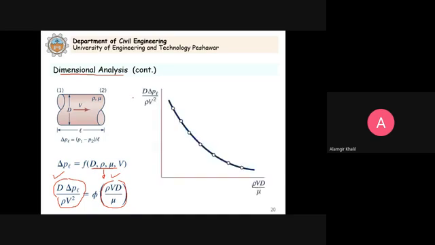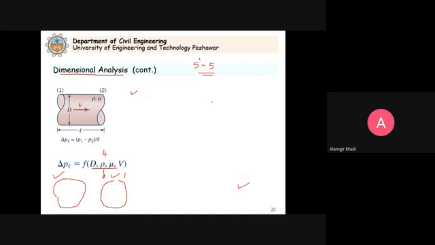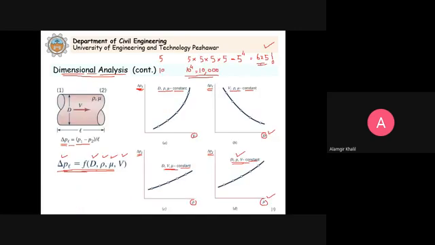So if I plot a graph, now you need a minimum of 5 points, and we have reduced the 4 parameters to just one parameter. So 5 times 1 means you only need to conduct 5 experiments to get the functional relationship, the same relationship for which you need to conduct 625 experiments.